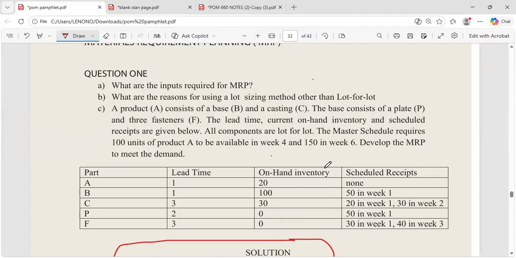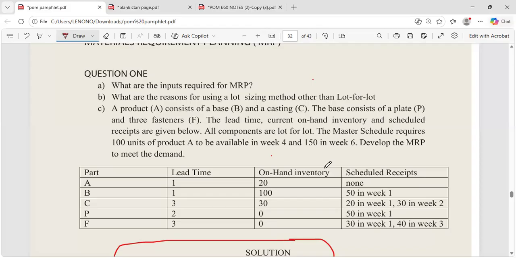A product A consists of a base B and a casting C. The base consists of a plate P and three fasteners F. The lead time, current on hand inventory, and scheduled receipts are given below. All components are lot for lot.